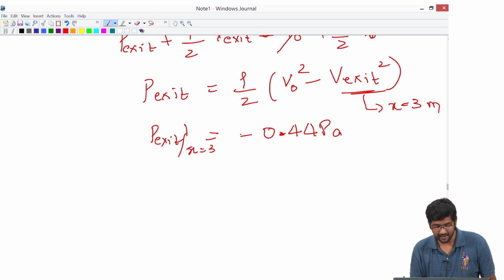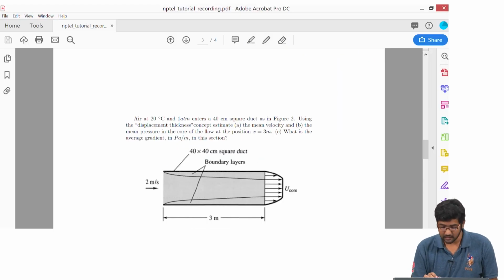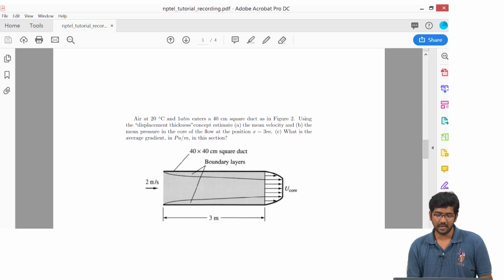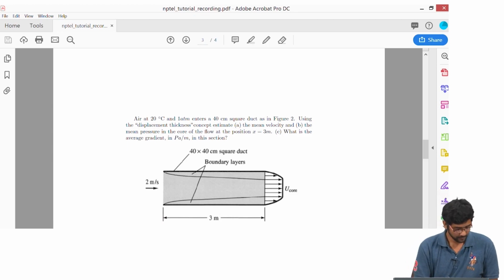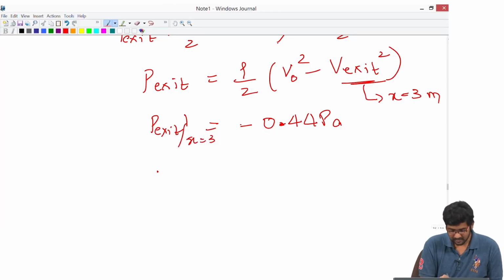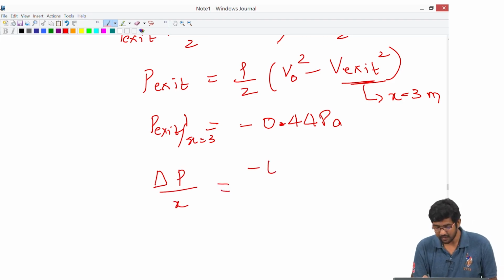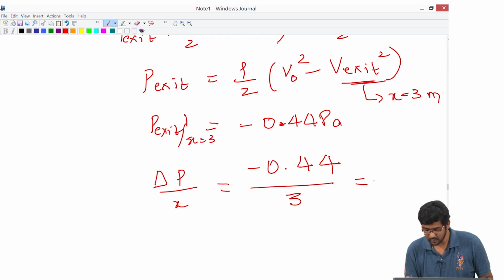So, we have calculated the pressure, and the next question is what is the average pressure gradient in Pascal per meter. The pressure gradient is nothing but delta P by x. As we are working with gauge pressures, we can write delta P as 0.44 and x in the problem is 3, which gives us around 1.5 Pascal per meter.